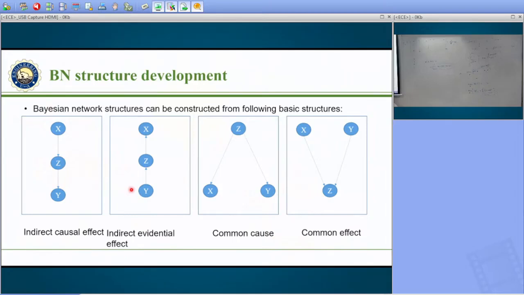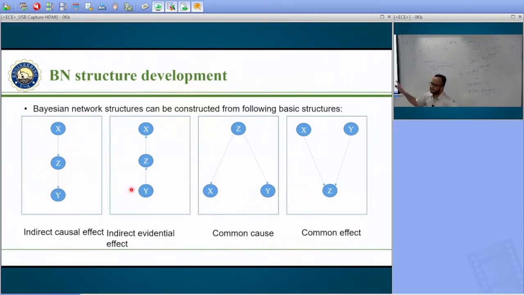I wanted to study the behavior of whether y and x are independent or dependent. In the case when I know the z information, x and y are independent, right?